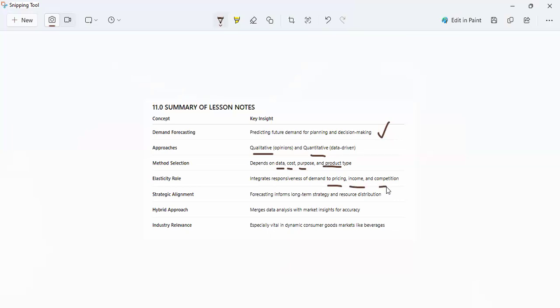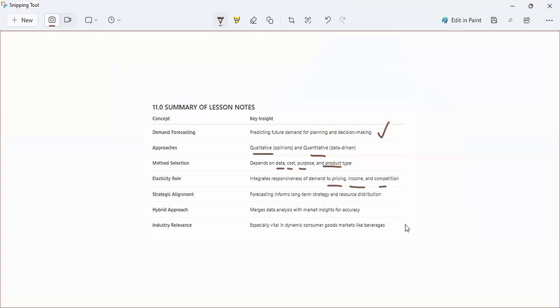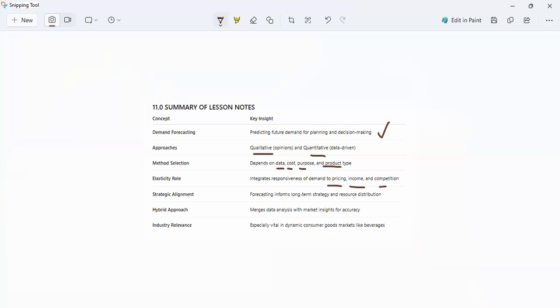And the alignment with strategy: forecasting will inform long-term strategy and resource distribution. And we said the hybrid method is one that combines the two. And in terms of relevance in the industry, it is vital in a dynamic world where consumer demands are changing for products like beverages. So now we go back to our exam question that came last year.